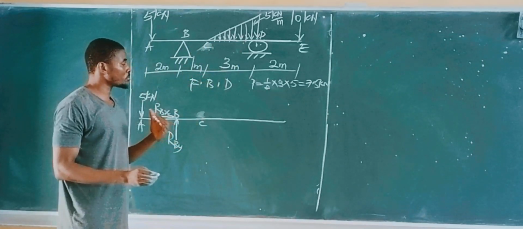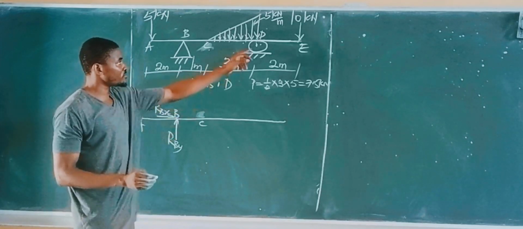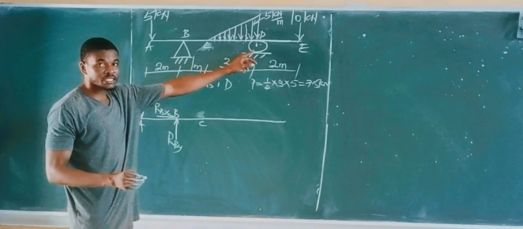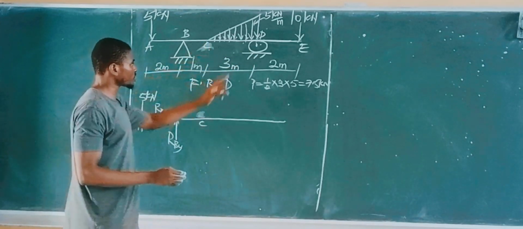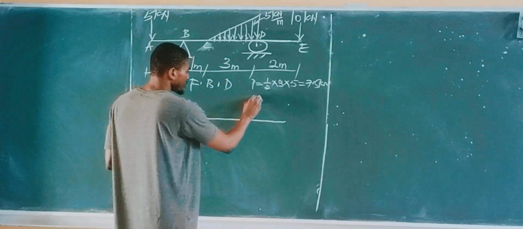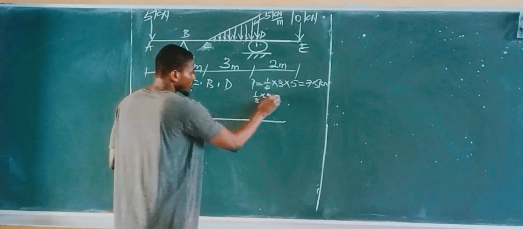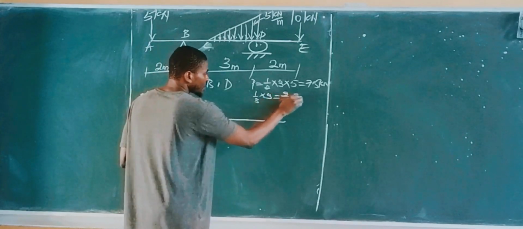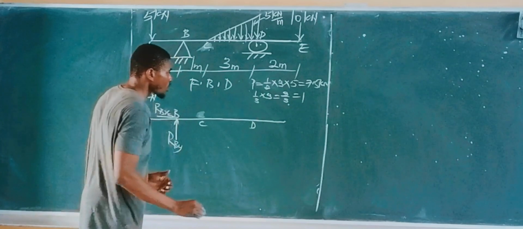I also said that to place this point load on the beam, you place it at 1/3 of the length from the base, or 2/3 of the length from the tip. From the base, 1/3 times the length of 3 meters is 1 meter. So from the base, that is from point D, you place it at 1 meter.